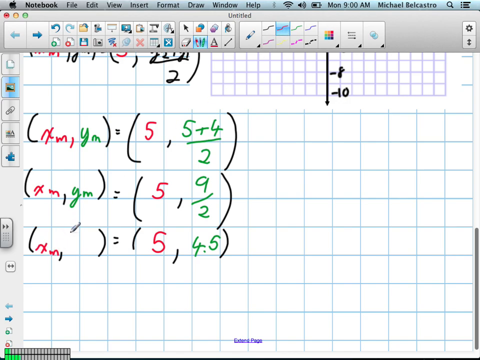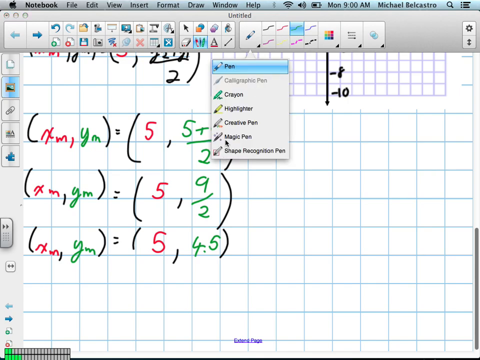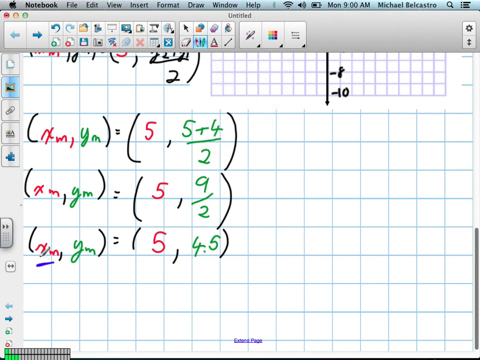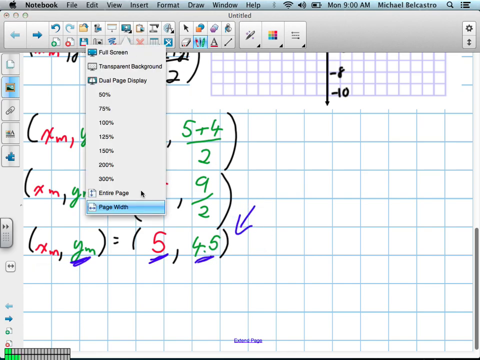So if you notice our corresponding answer in the end, I want you guys to make sense of this because I know it can look silly. But the way this says is our x midpoint. This is how it refers to each other, okay? So the x midpoint is our 5, and the y midpoint is our 4.5. So this is the coordinate of the midpoint.